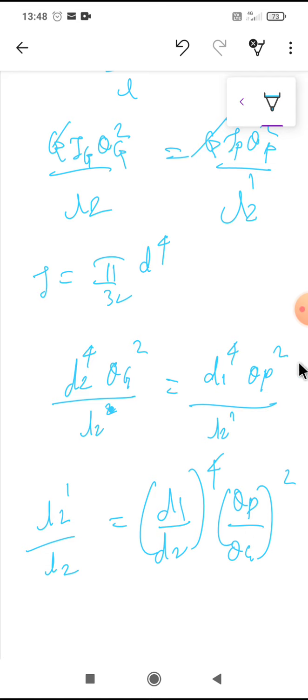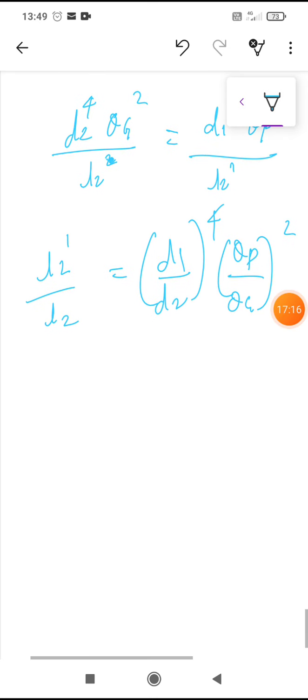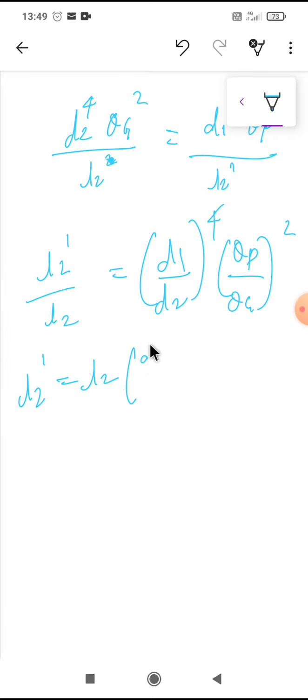Now if I find L2 dash, L2 dash will be equal to L2 into (D1 by D2) raised to 4 into (θp by θg) whole square.